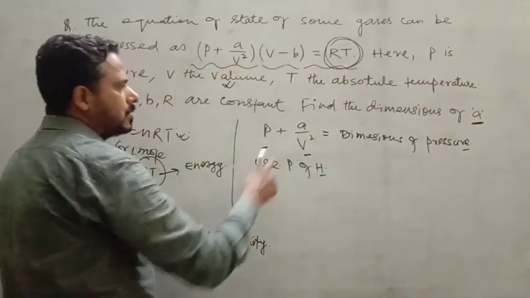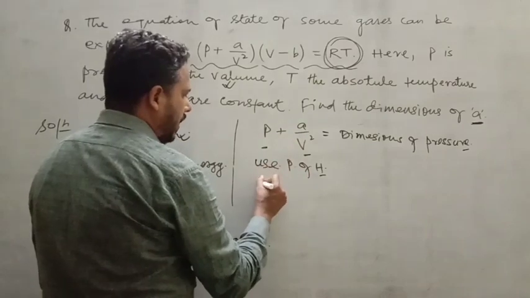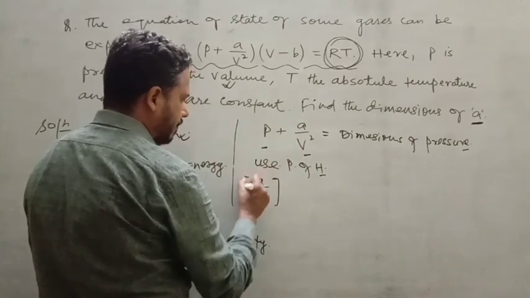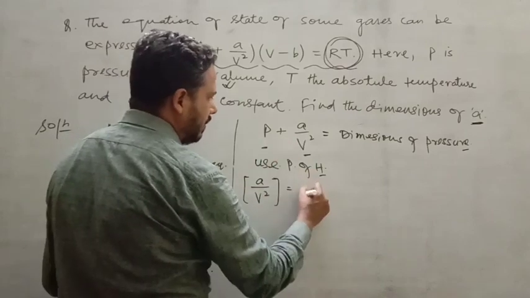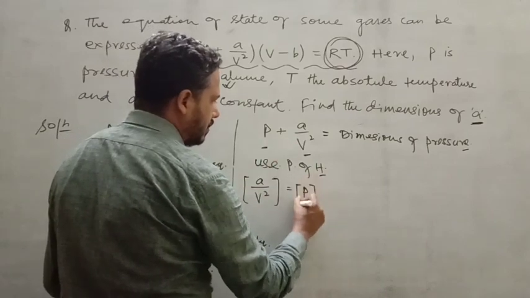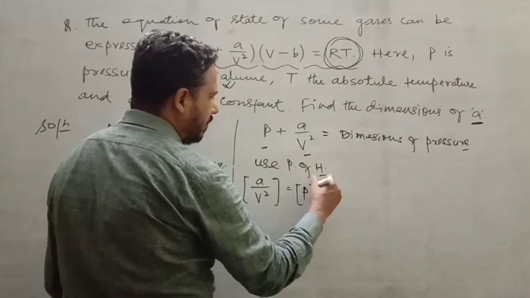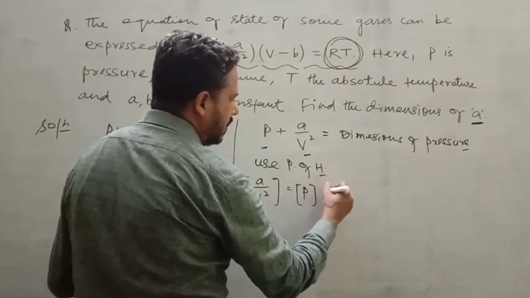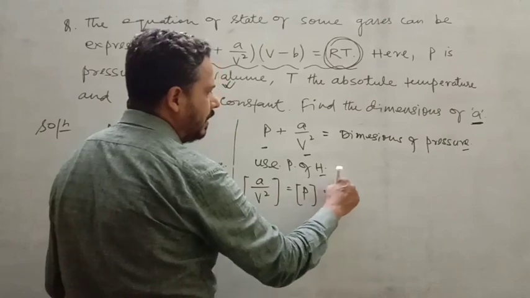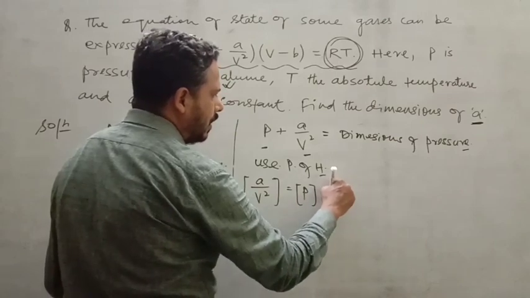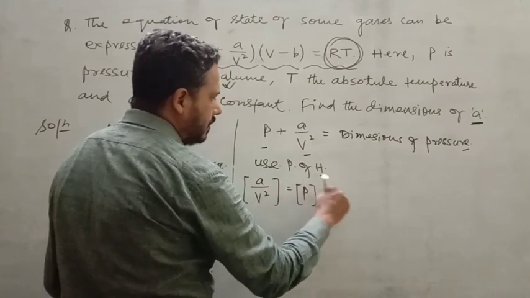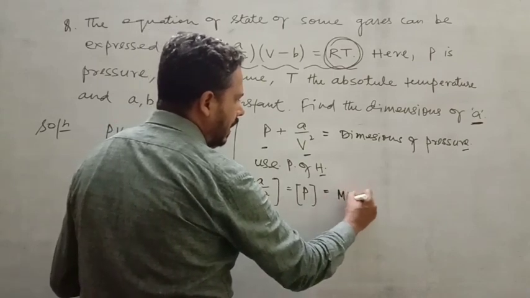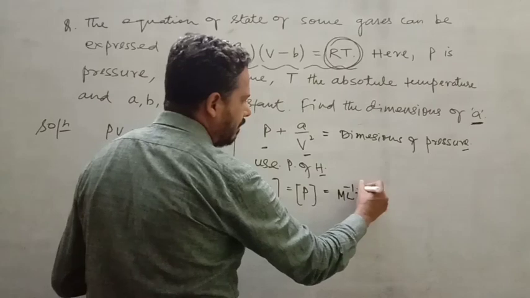Now A by V square equals the dimension of pressure. Pressure is force by area. Force is M L T minus 2, and area is L square. After doing the calculation, you will get M L minus 1 T minus 2.